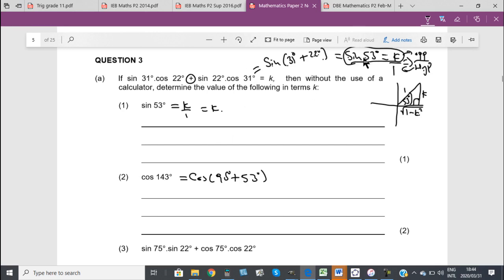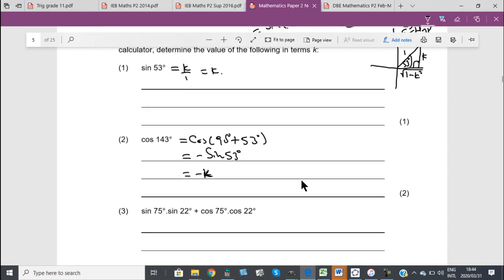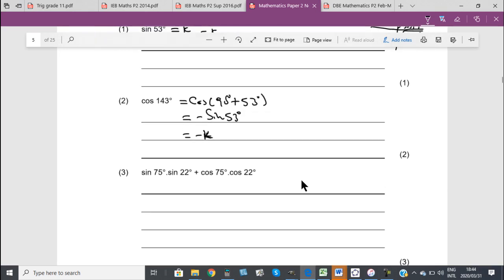I know that sine 53 is K, so the important angle from what we have is 53. If you can write that in terms of 53, then you'll have your solution. Now this is cos of 90 plus, it's negative, but the 90 will change to sine, so this is just minus sine 53, which will then be minus K. Anyway, your answer is minus K.